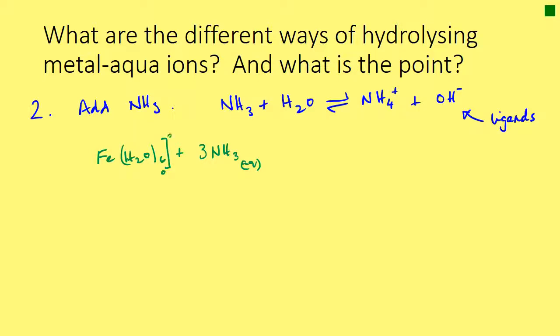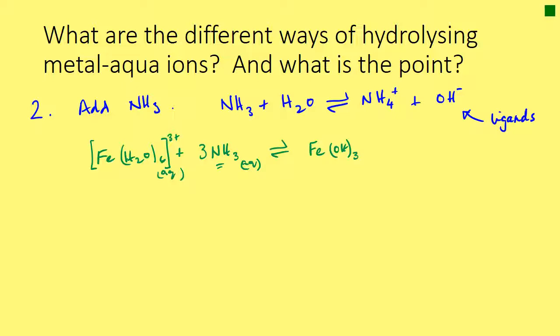Forgot my square brackets here, just put them in now. And they are in equilibrium with our final product, which has 3 hydroxide ligands instead that have been created from our 3 ammonia molecules turning into 3 ammonium molecules.